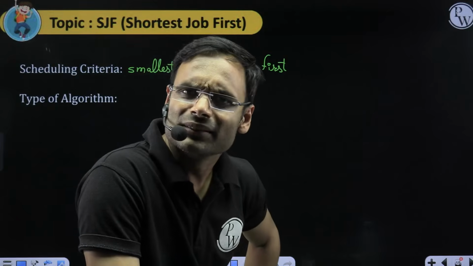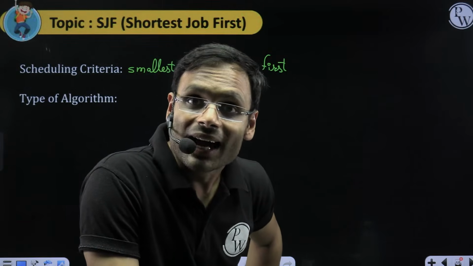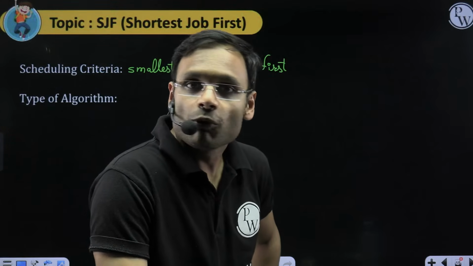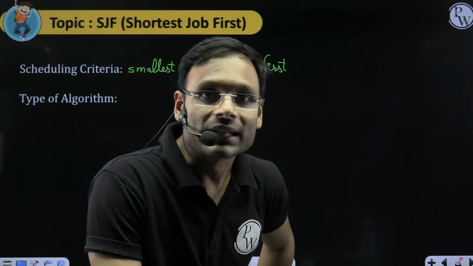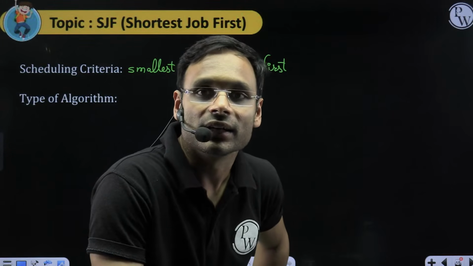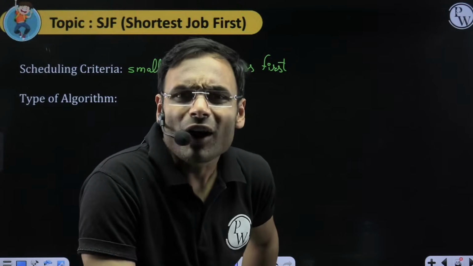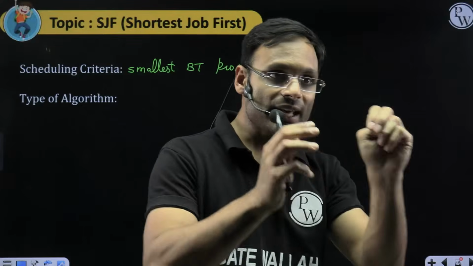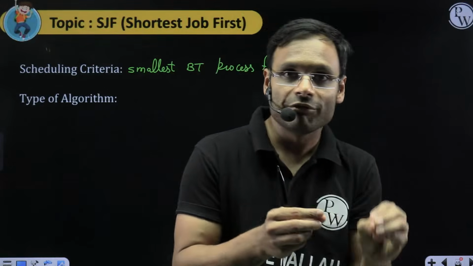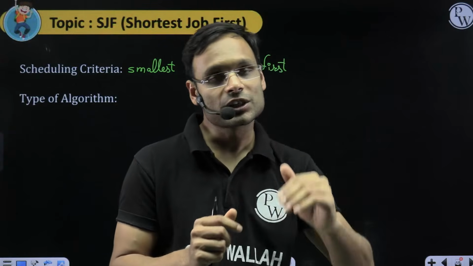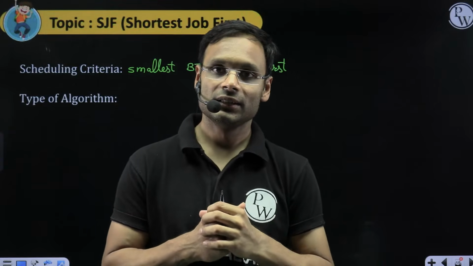Can you do that? Can you schedule a process even though process has not yet arrived? Possible? Of course not. So SJF process execution algorithm will be working on only those processes which have arrived already.